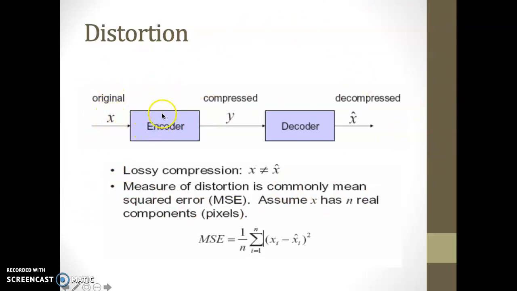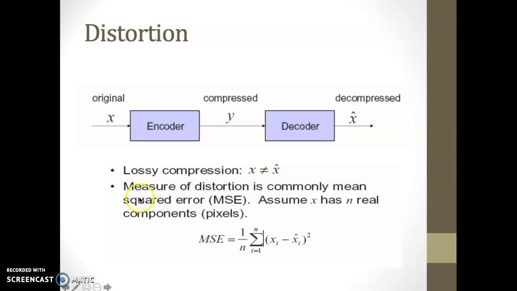Encode means you compress the image using any lossy technique. The compressed image is represented as Y. After you compress, you want to get back the original, so you do the decoder or decompression, and it will not be the same as the original. You will have a distortion. That's why you get X hat, the decompressed image.